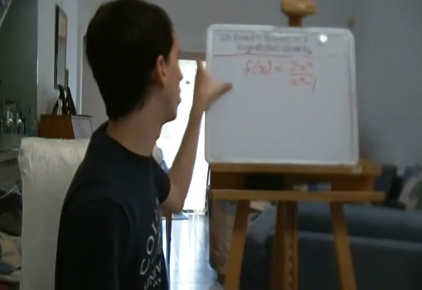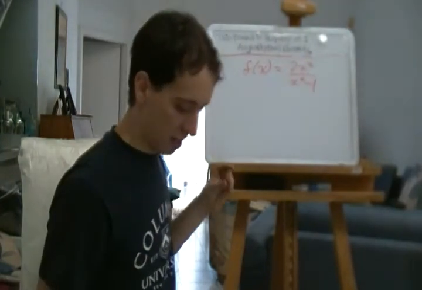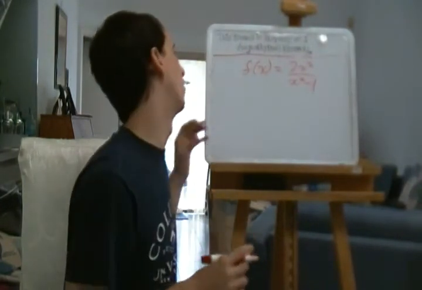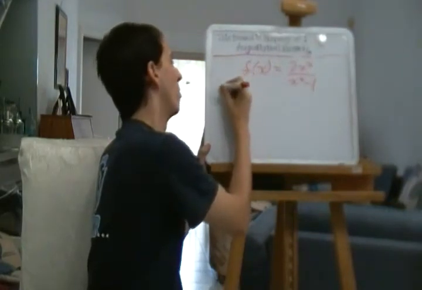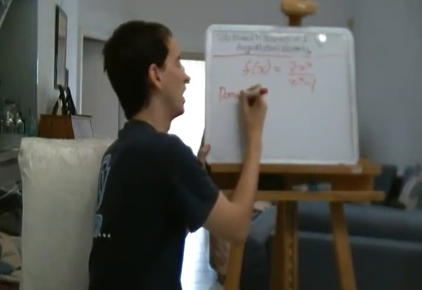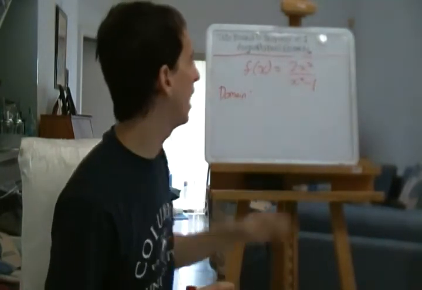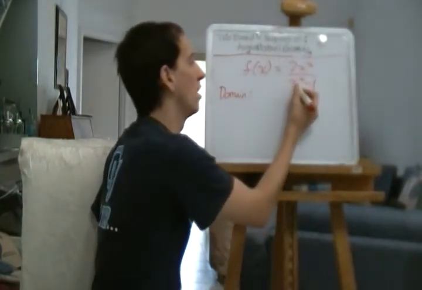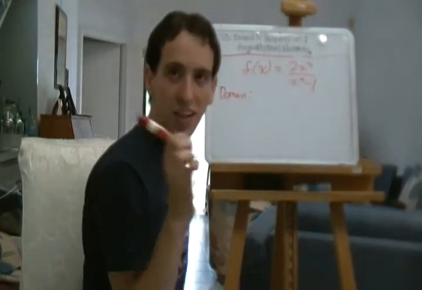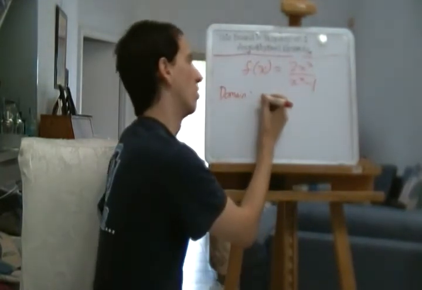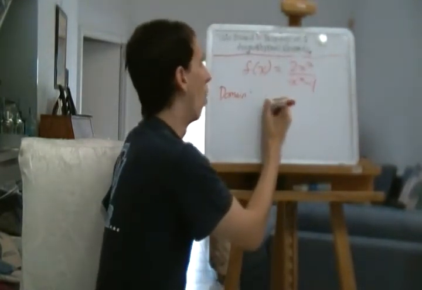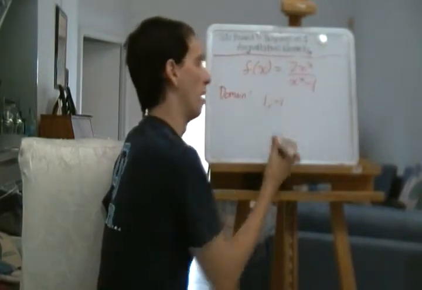First thing, we want to know the domain. Where is it defined? Where is it not defined? Well, I'm going to erase the domain in a moment because we've got a lot of operations to do here. The domain is going to be defined wherever the denominator isn't 0. And the denominator is going to be 0 at 1 and -1.